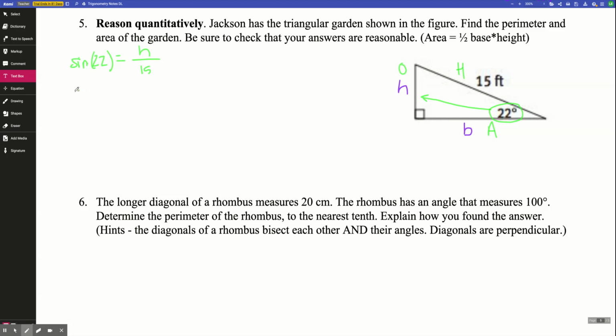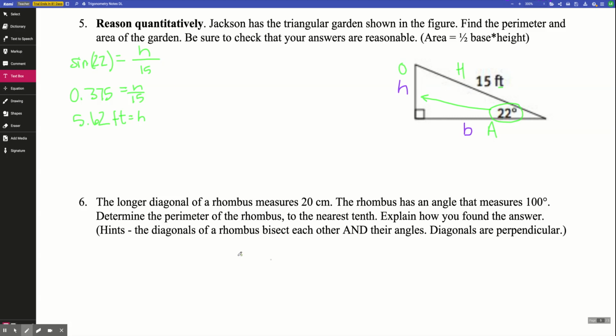And when I do, I get 0.375 if you round, H over 15. And I'm going to multiply the 15 over to the other side. And when I do that, I get that the height is 5.62 if you round, and that's in feet. So 5.62 feet is my height. Okay.